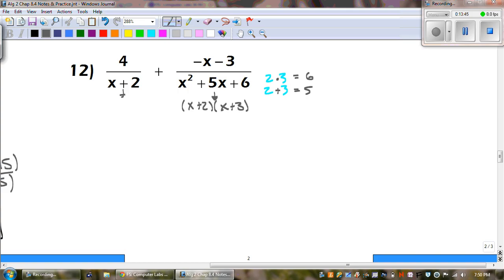And we can't factor the x plus 2. So what do they have in common? Well, they have in common x plus 2, but we need x plus 3. So our LCD is x plus 2, x plus 3, which I'm writing down right now.